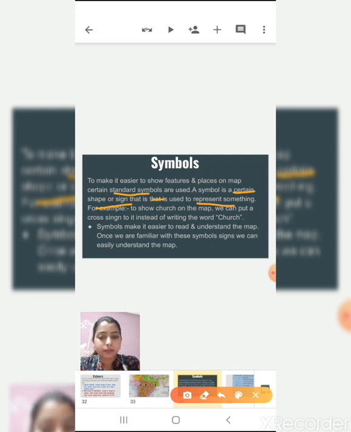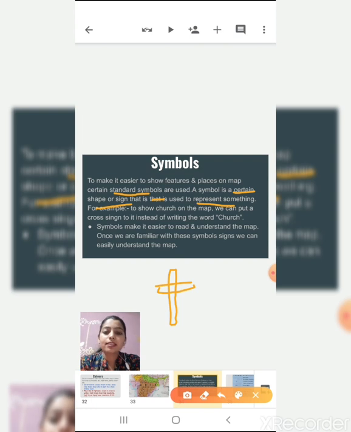For example, to show a church on a map, we can put a cross sign. Instead of writing church, we show the symbol of a church, a cross. All right.